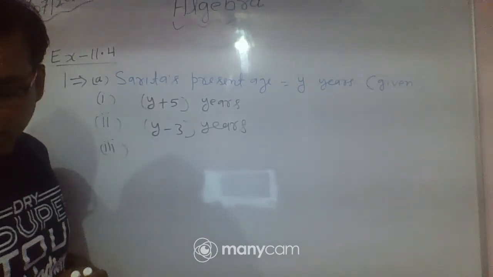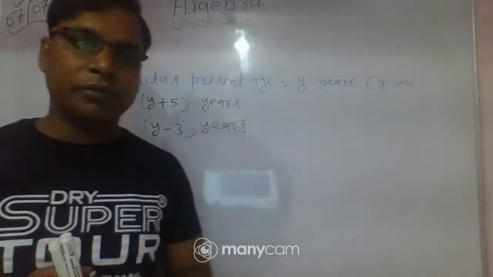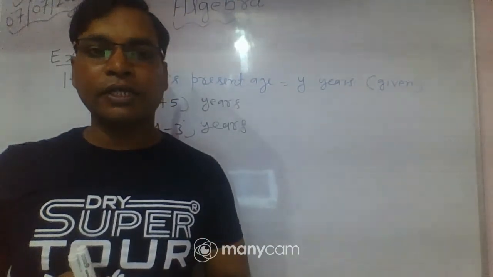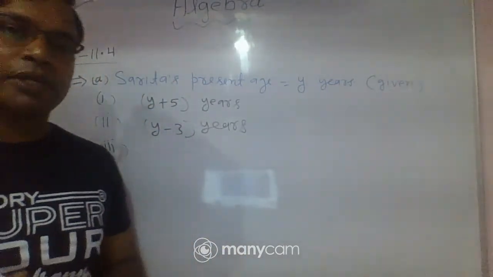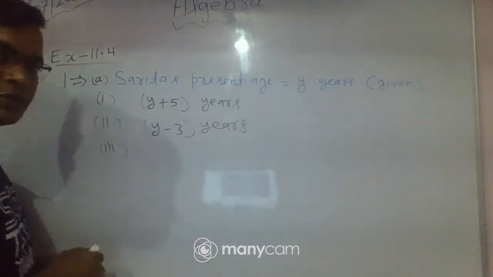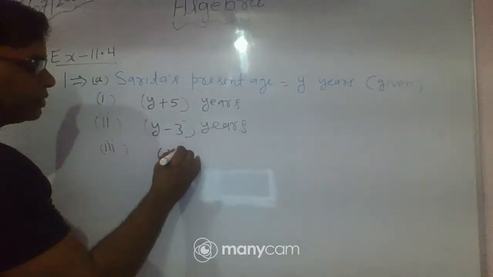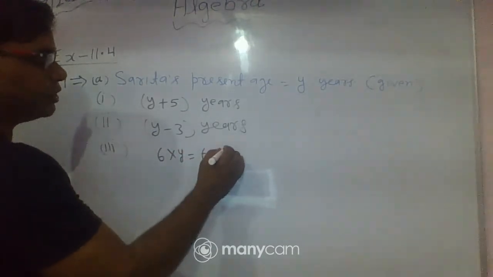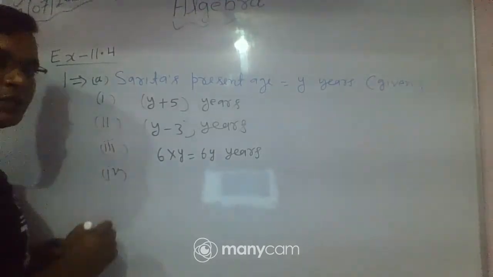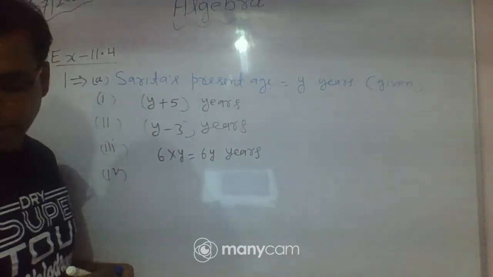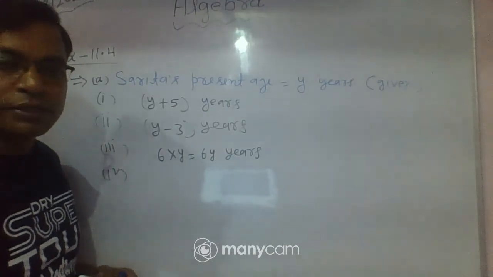Third part: Sarita's grandfather is 6 times her age. Her age means Sarita's age. So it becomes 6y. The present age of grandfather is 6y years. Fourth part: grandmother is 2 years younger than grandfather.